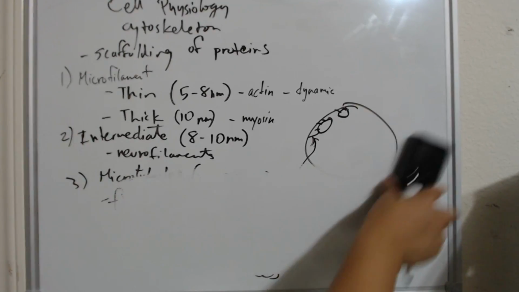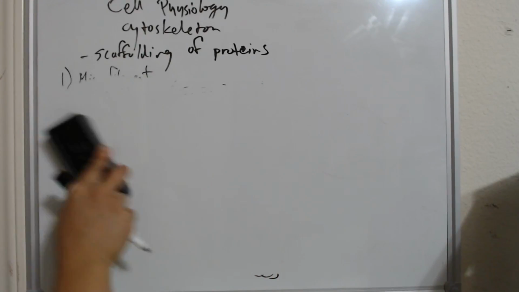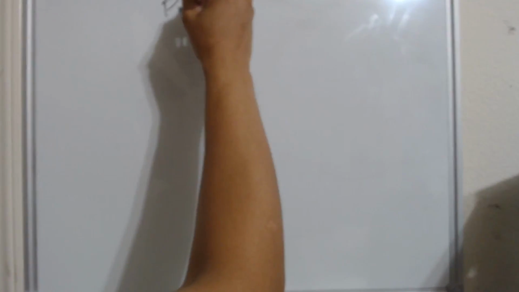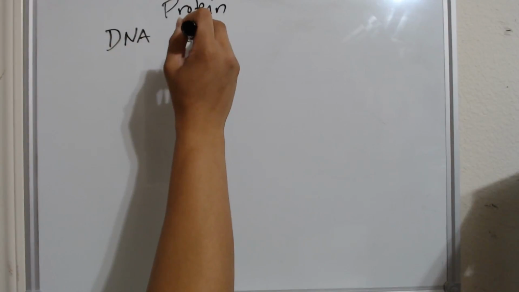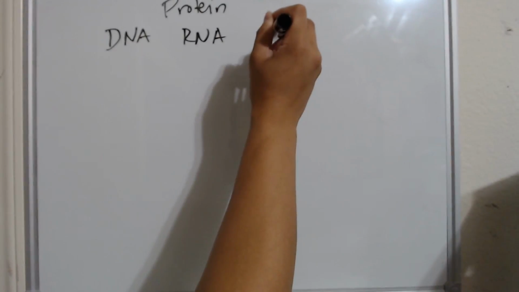Okay, the next thing are proteins. Proteins are really important. Proteins have many destinations. Of course, we know proteins are made in the ribosome, and if you don't recall, DNA to RNA to protein.